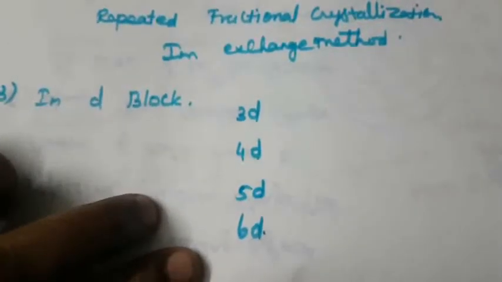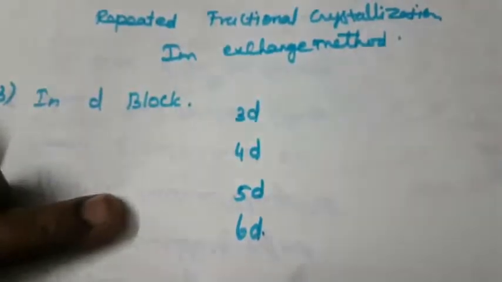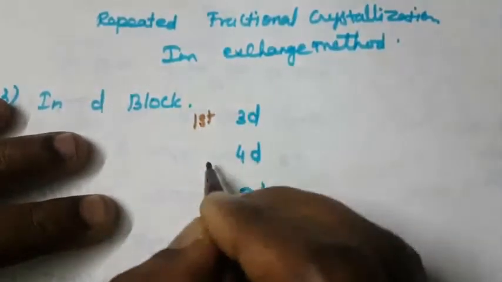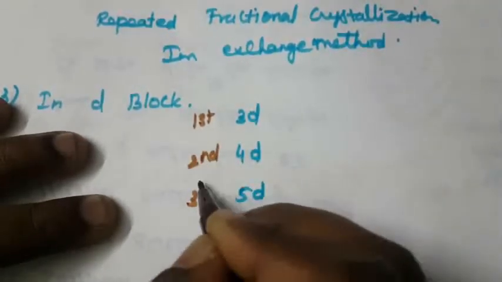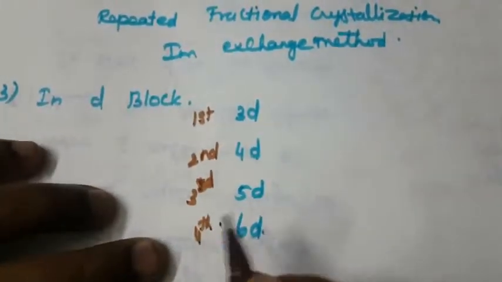The 3d series is called the first transition series, the 4d series the second, the 5d series the third, and this is the fourth.